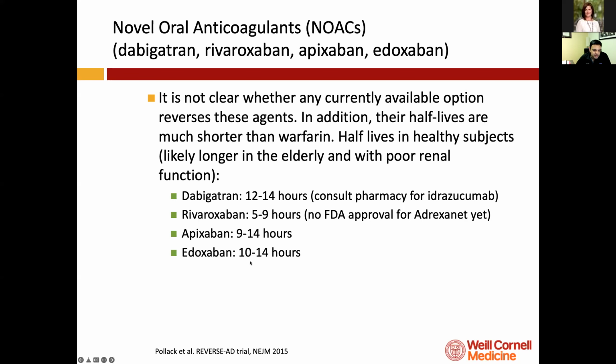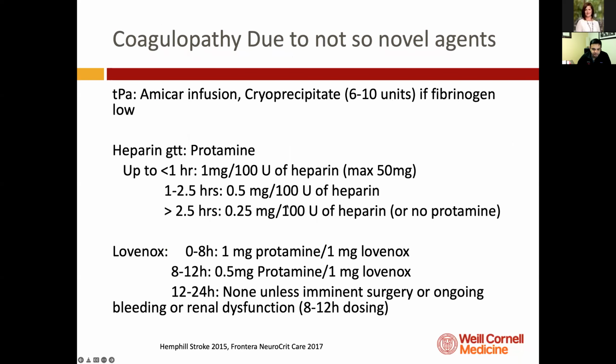For these other three medications, we tend to use PCCs. There is an approval for andexanet, which is a binding agent, but PCCs in general cost about $5,000 compared to Andexxa, which costs like 30 grand. So clearly, in terms of cost and no clear additional benefit, we tend to favor PCCs.